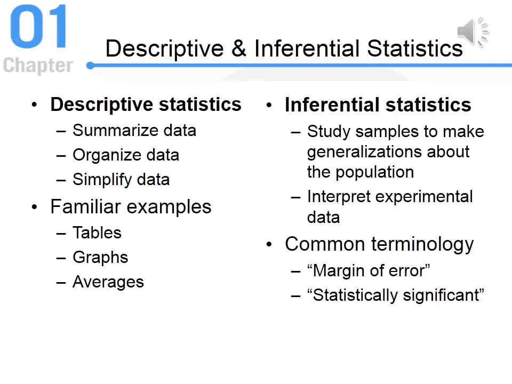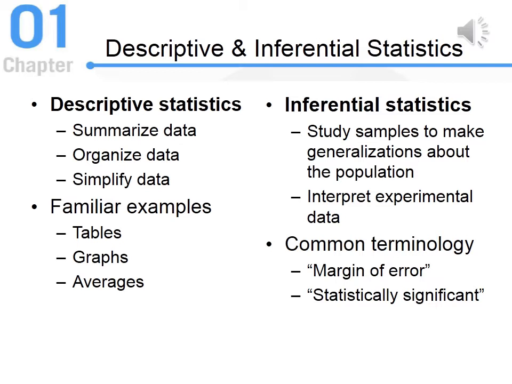Next, we'll talk about descriptive and inferential statistics, both of which are something that we will do in this class together. First, descriptive statistics are typically a starting point. They simply summarize, organize, or simplify data. They don't add anything to the data. They don't particularly give you any conclusions about the data. They just make the data more manageable and easier to look at.